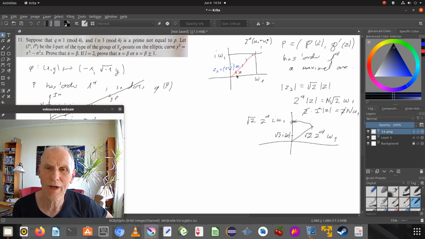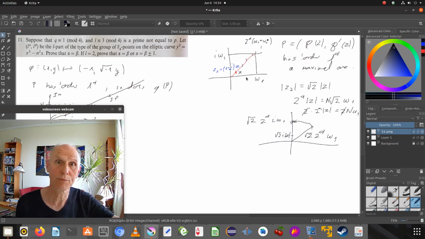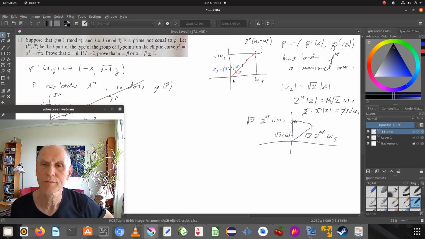If they have order 5, that's not a power of 2, of course, but let's just look at it. If they have order 5, then these might have order 1 less.